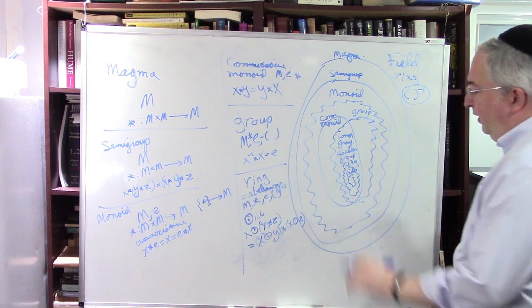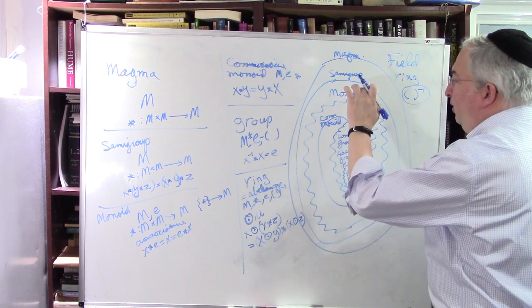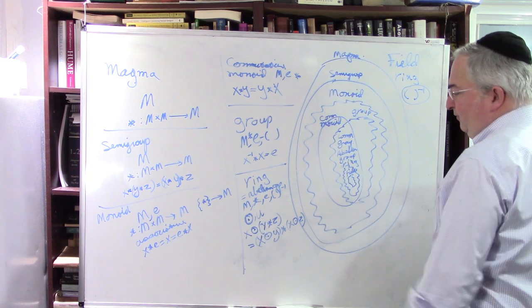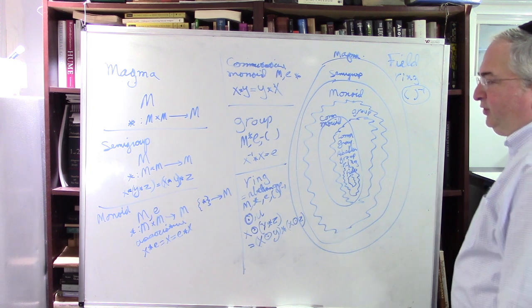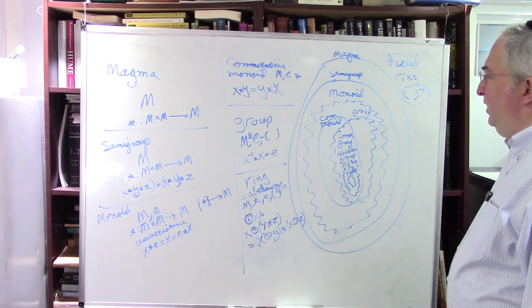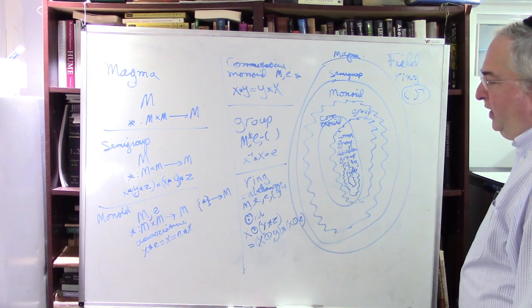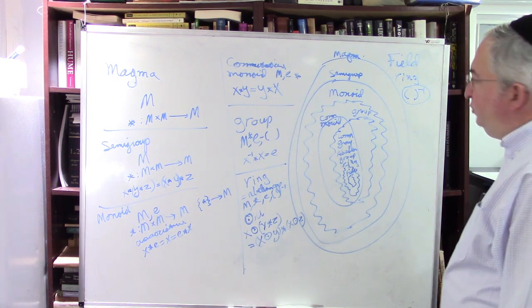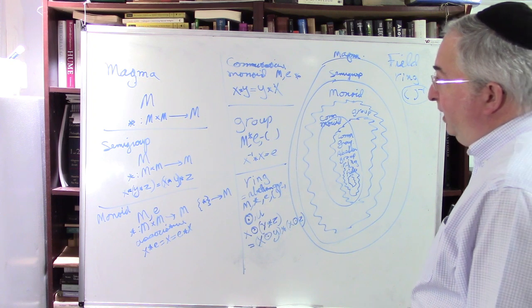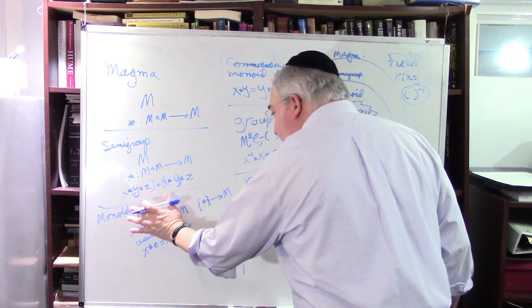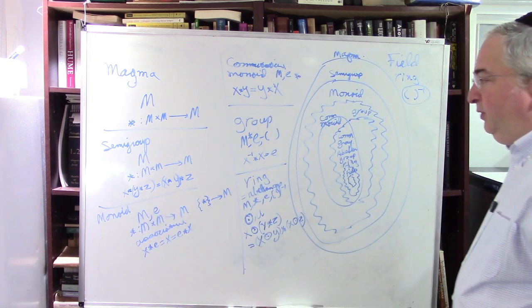So here you have 1, 2, 3, 4, 5, 6, 7 operations, 7 different types of structures. We're going to get into some of them. Let me just tell you three things that are going to play a major role in this. Monoids are going to play a major role in everything we do.